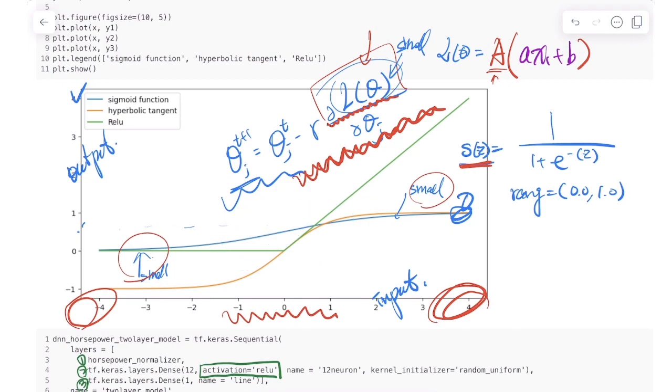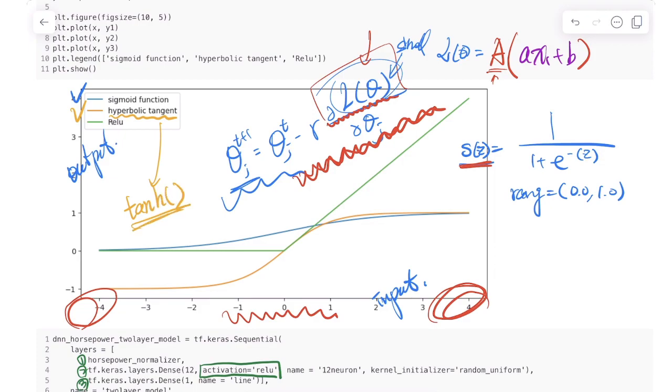But after that, some mathematicians tell us that if you want to perform gradient descent better, you may choose the orange one, the hyperbolic tangent. Usually we write it tanh. This function has a larger slope.